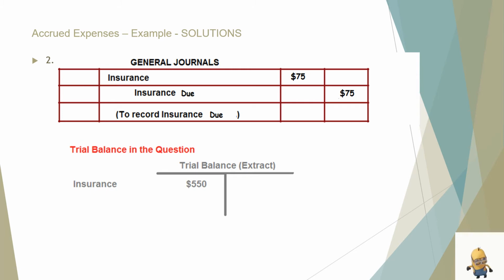Next, the old trial balance shows that we have paid $550. From that old trial balance of $550, we are going to add the $75 that we have just debited. When we debit $75, the 550 will increase.